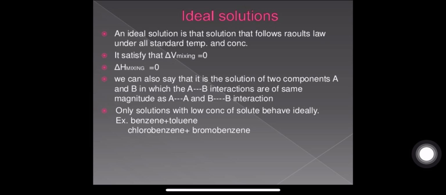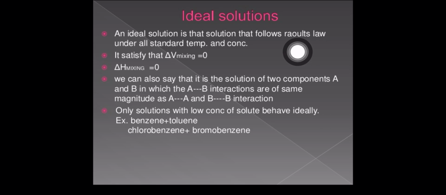Let me recall this again very fast. An ideal solution obeys Raoult's law at standard temperature and concentration. There is no change in the volume after mixing the two components. There is also no change in H. Also, how do we say that it is an ideal solution?